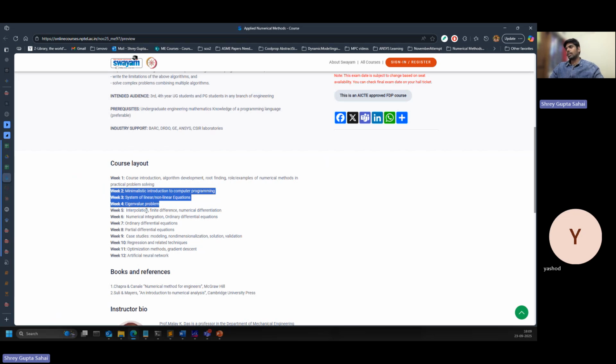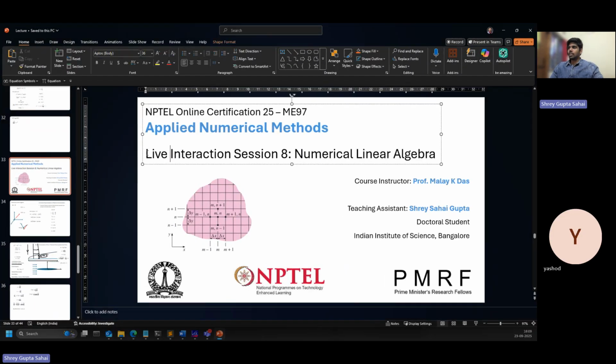People are more familiar with decompositions like LU decomposition, and for eigenvalue problems or least squares problems, eigenvalue decomposition or QR decomposition. But a more prominent and very nice decomposition is singular value decomposition. That is something I wanted to discuss at length.